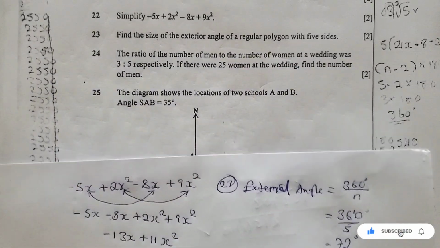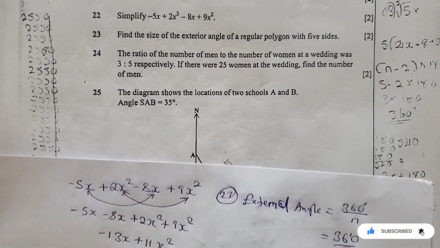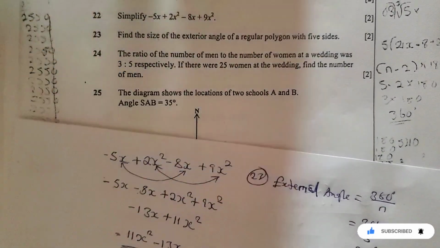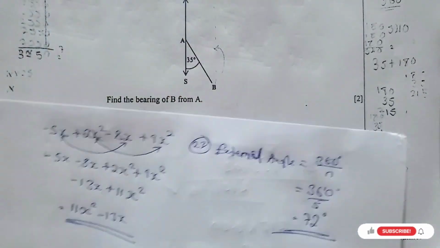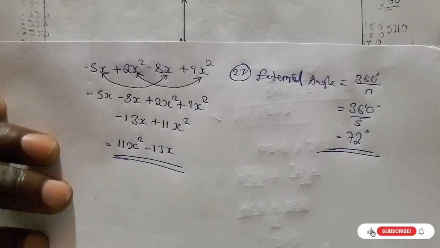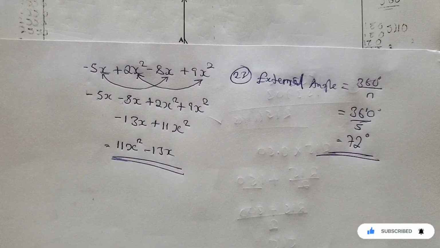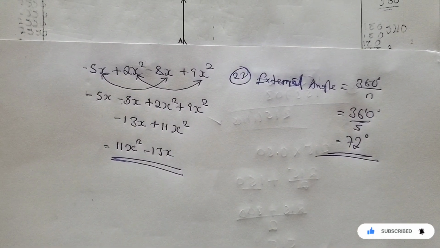Now, let's go to the next, which is question 24. The ratio of the number of men to the number of women at a wedding was 3 to 5, respectively.